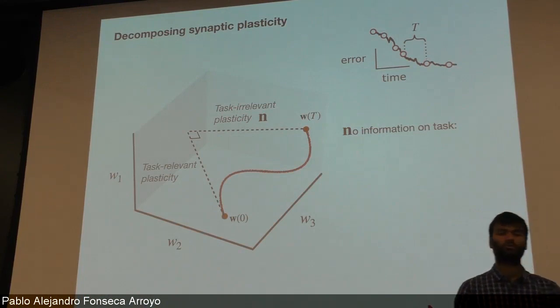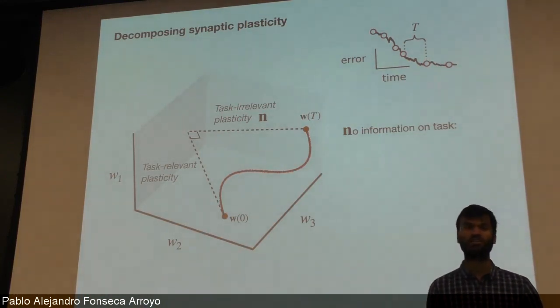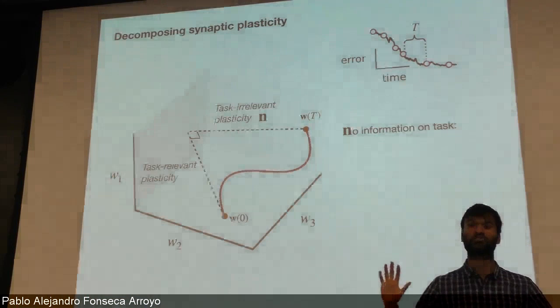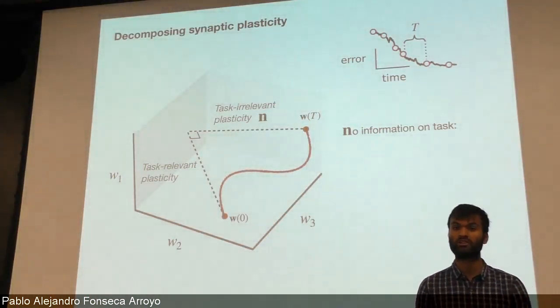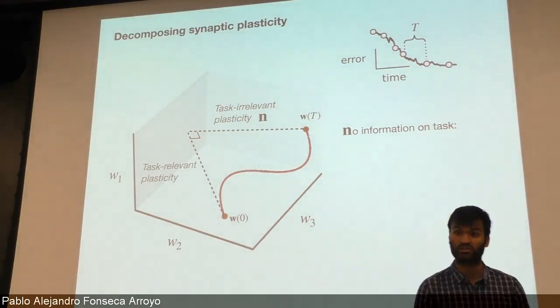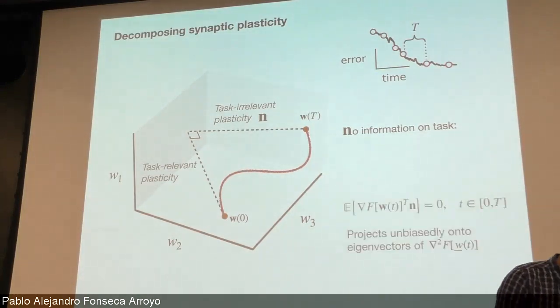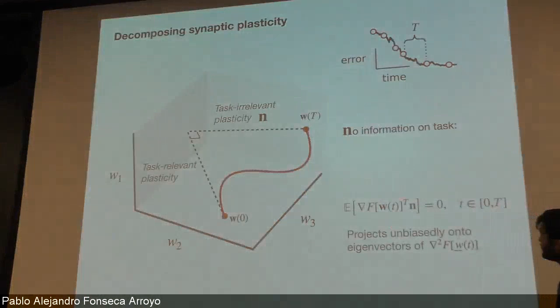Suppose I gave you a network with a particular weight vector, and I said, you're trying to learn a task, but I didn't tell you what the task was. Choose a weight update. Of course, your weight update is going to be nonsense, because you don't know what the task is. In particular, in expectation, the weight update you choose would be orthogonal to the gradient.